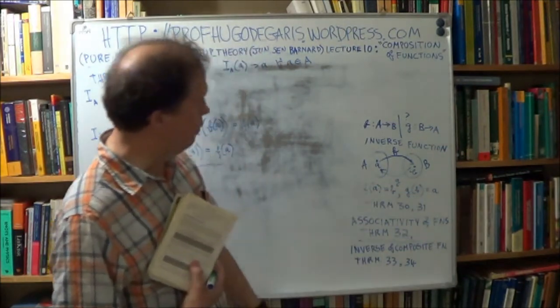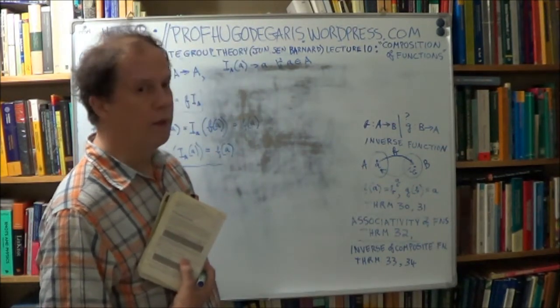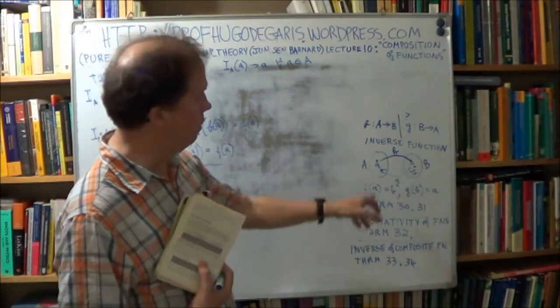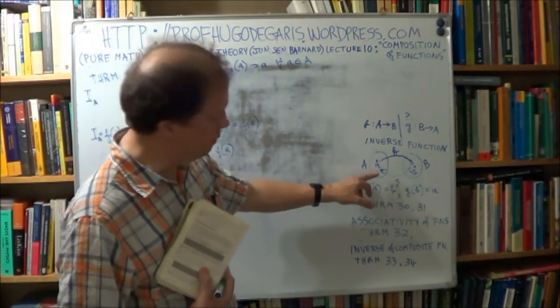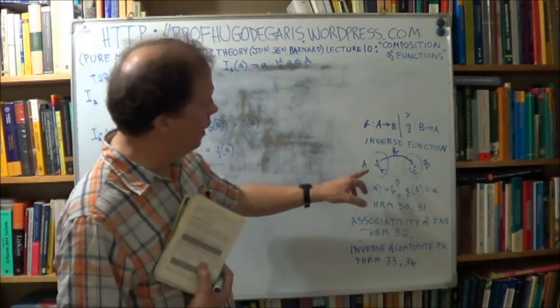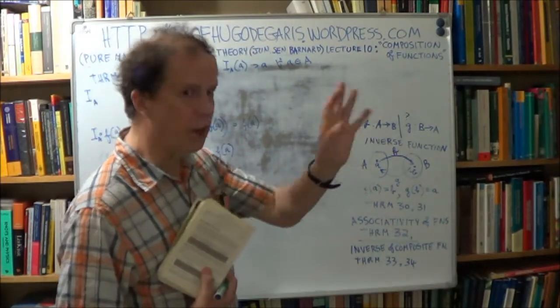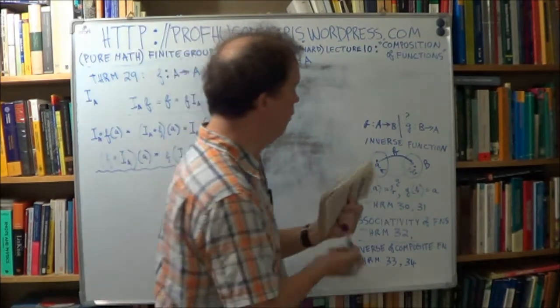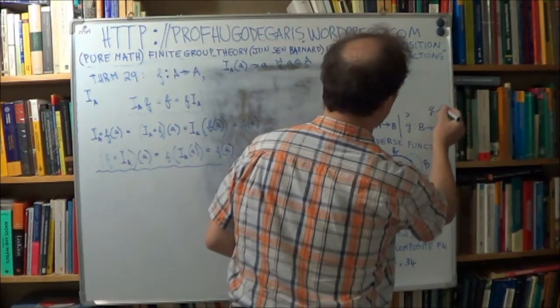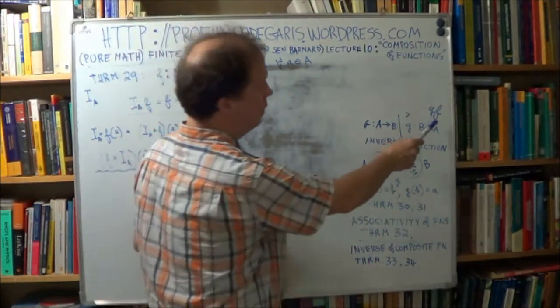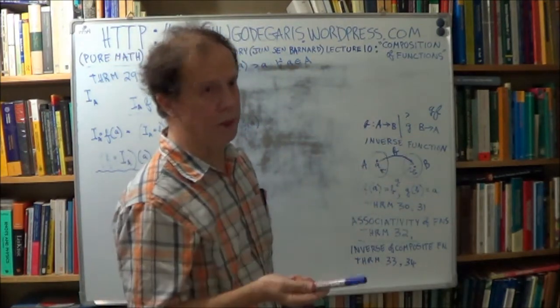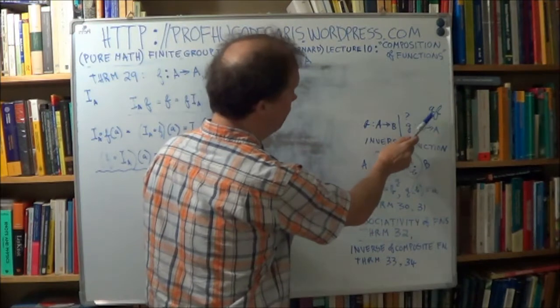So if you did first f and then g, you would end up where you started, right? So if that's possible, if a g does exist, then gf, and remember the order, the right-hand one is the one that operates first, so first f, then g.